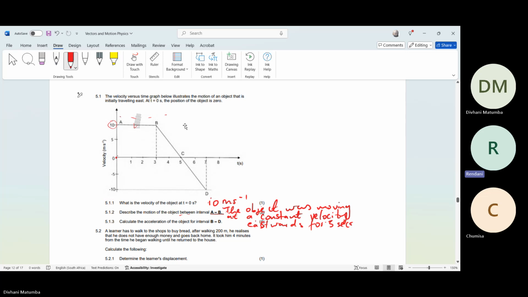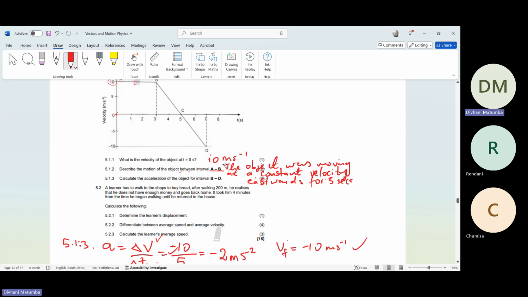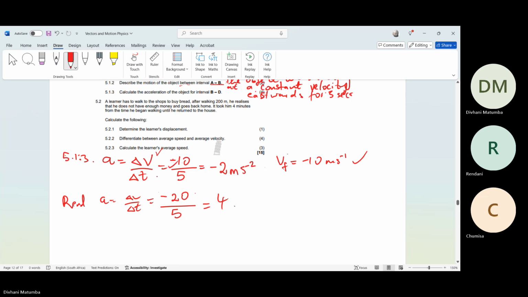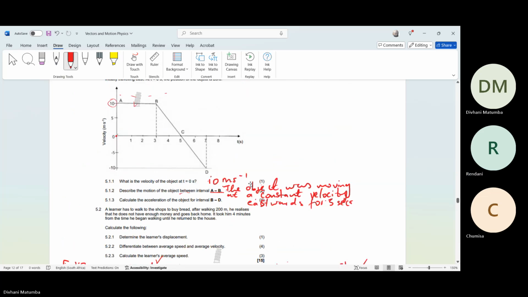Sorry, negative 10. Okay. Negative 10 divided by 5. That's what you're saying, right? And then we'd get negative 2.